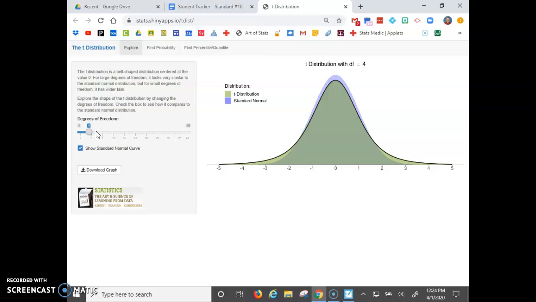But notice as I increase the degrees of freedom, how the t-distribution approaches that standard normal distribution in blue. In other words, ladies and gentlemen, the larger my degrees of freedom, which is the sample size minus 1, the closer it gets to that standard normal distribution. It gets a little bit taller, thinner, and the tails get narrower.